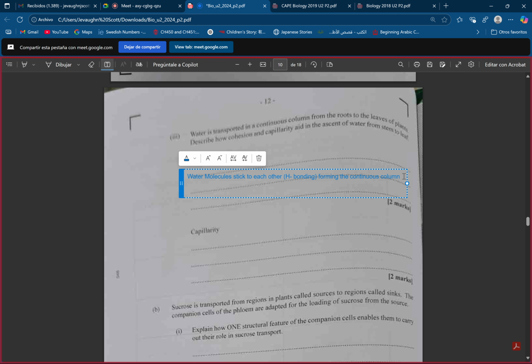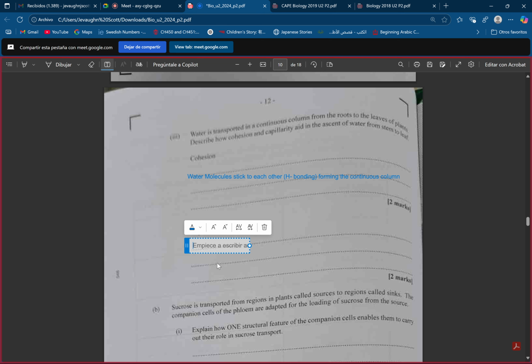Alright? What is capillarity now? And what does capillarity have to do with this? Okay. Right, so through the narrow tubes, and these are what we call the xylem tracheids. You guys heard that term before?